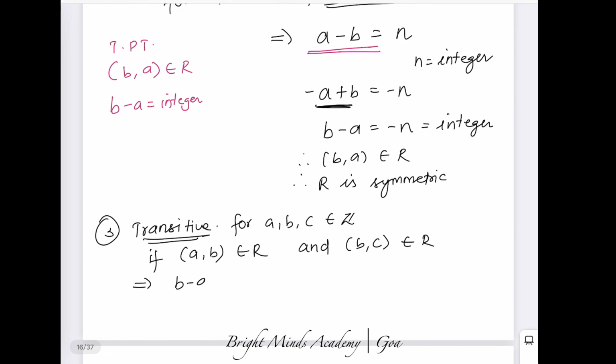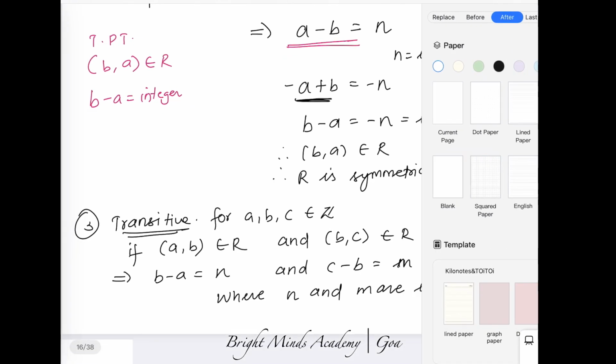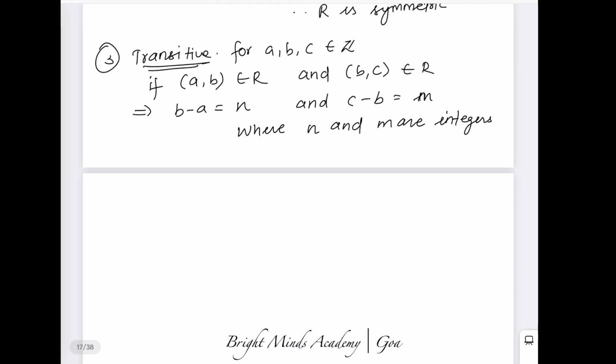This means that a minus b is an integer n and b minus c is also an integer m, where n and m are integers. So the next thing is, what do I have to prove? I have to prove that a comma c also belongs to the relation R. That means I have to prove that a minus c is an integer. This is what we are interested in.